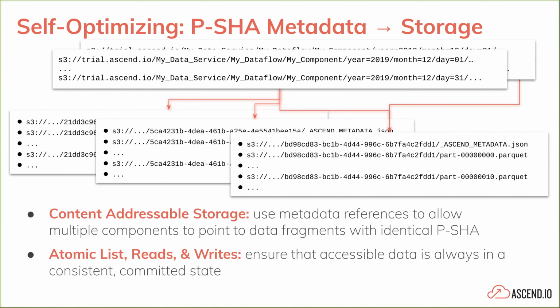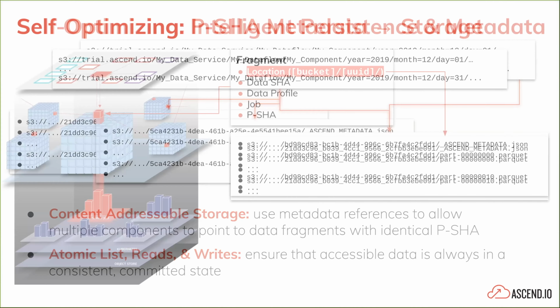As well as the ability to, while processing new data sets, still surface old results, because that's what's being pointed to from the previous runs and the previous PSHAs until the new data set is ready. So atomic lists and reads and writes and all the stuff that you would hope for. Again, complexity that you would have to self-build in pipelines that a control plane or this engine in the middle can take care of for you.